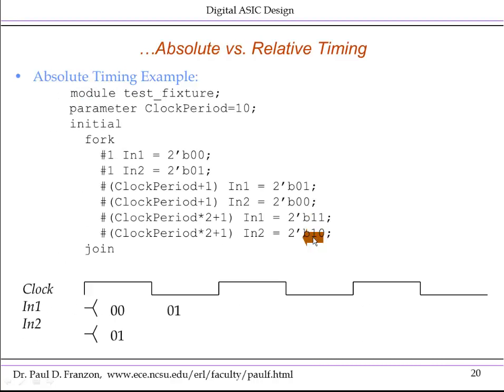With absolute timing, all I have to do is say hash that time, set that input as part of the fork join. So it's very useful when you have strings of events that are well distributed throughout the simulation and you don't have to keep track of accumulated timing as you do using relative timing. So that's where absolute timing is quite valuable.